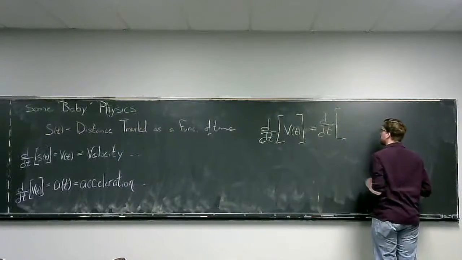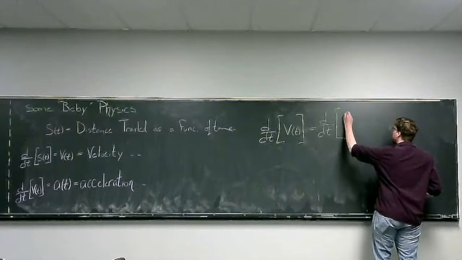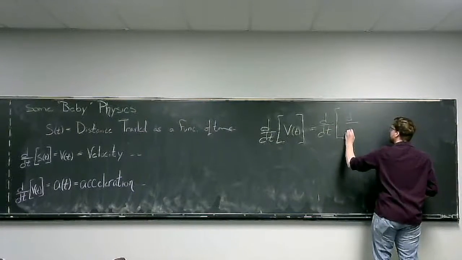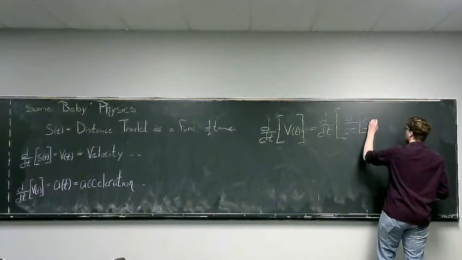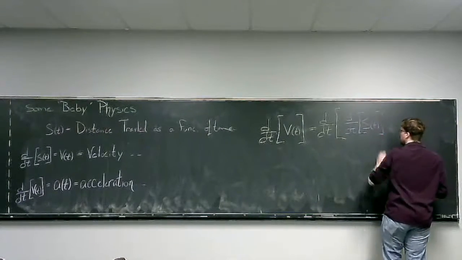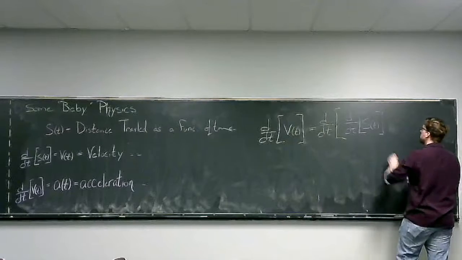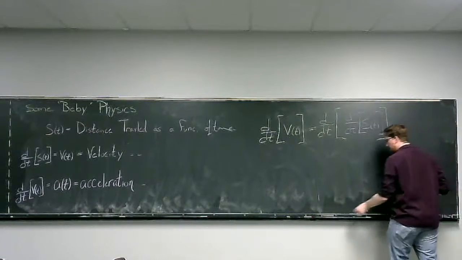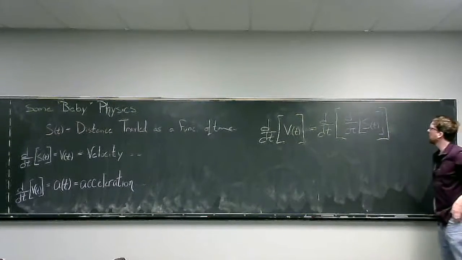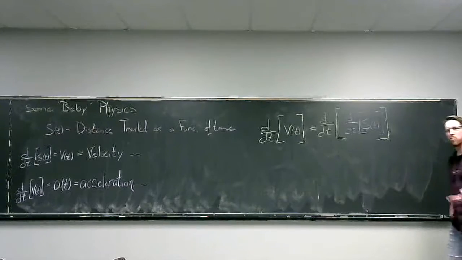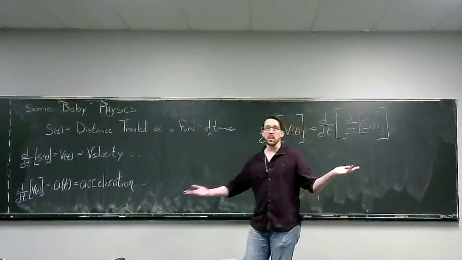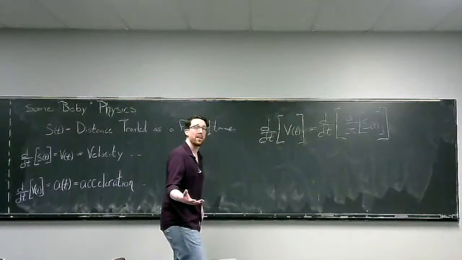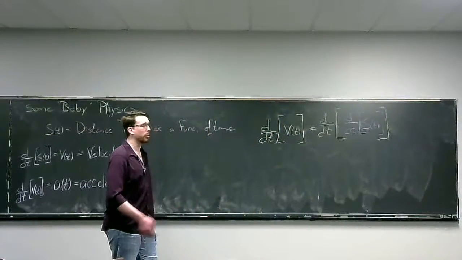So this derivative is more like d dt of d dt of s of t. Huh. Well, that means you can take more than one derivative of a function? Sure, why not? Yeah, you can take as many derivatives as you want, as long as that function is differentiable.